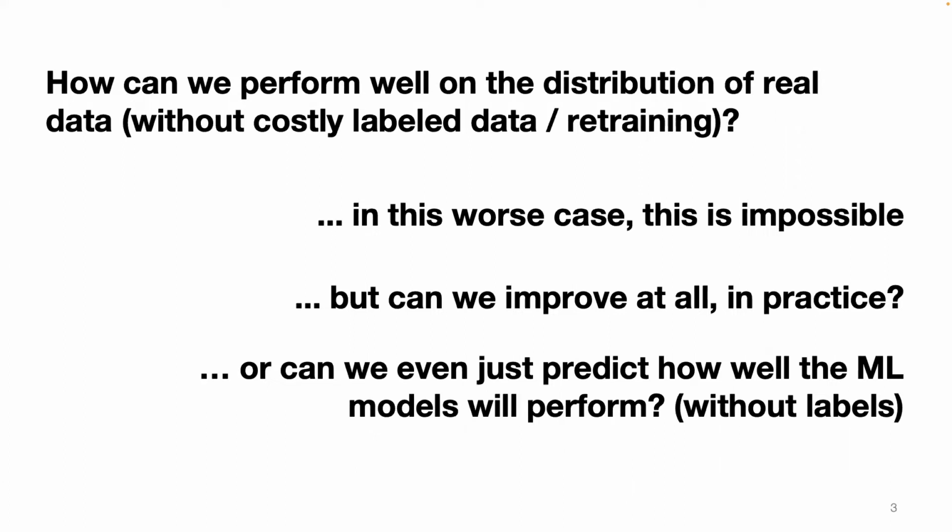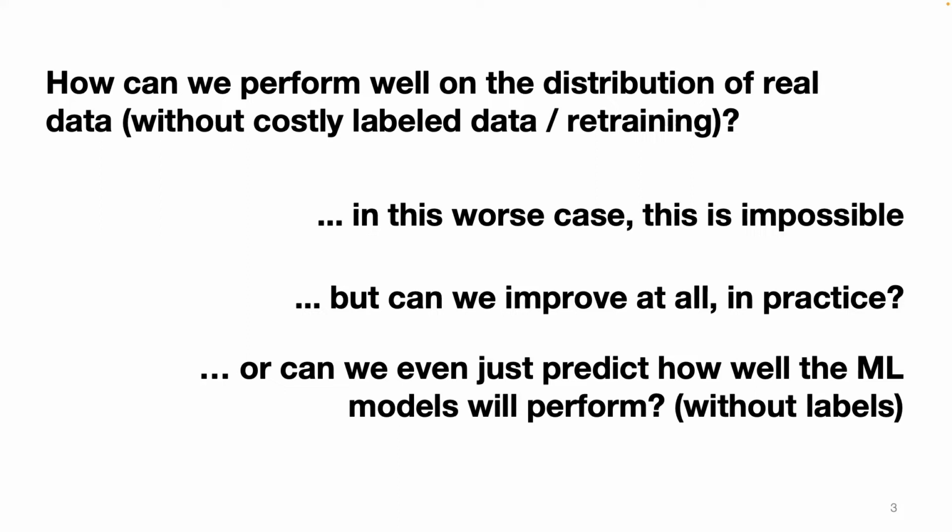But there do seem to be many realistic cases where some amount of both of these things are possible, and I want to better understand what we can do in those cases and what sorts of techniques might actually work for both of these problems.